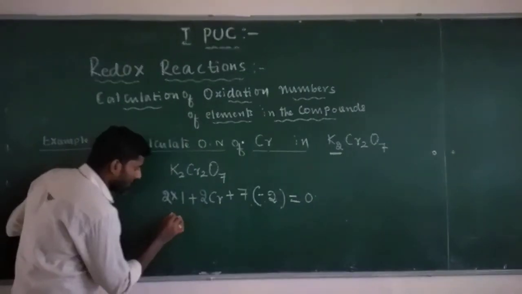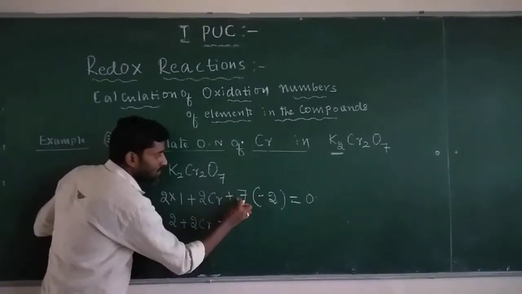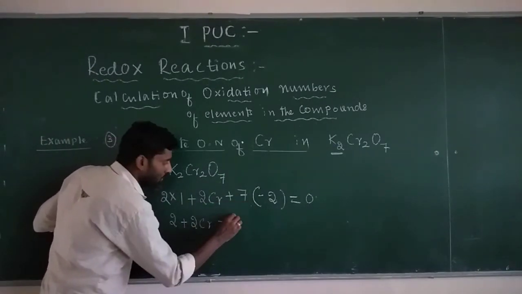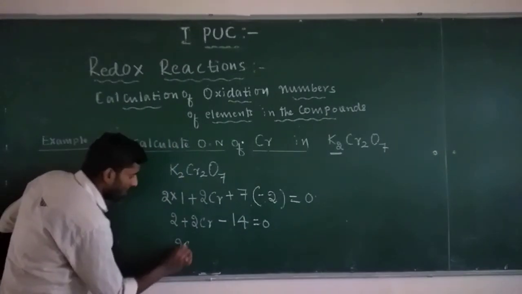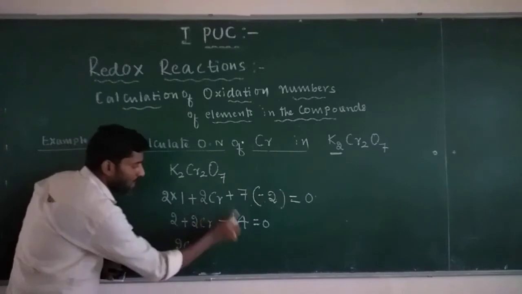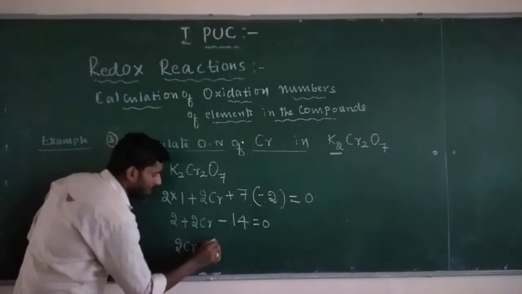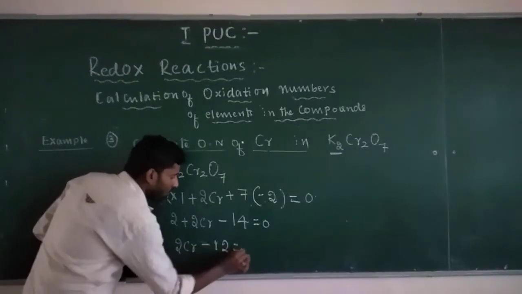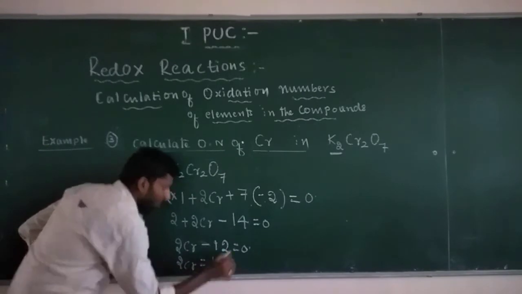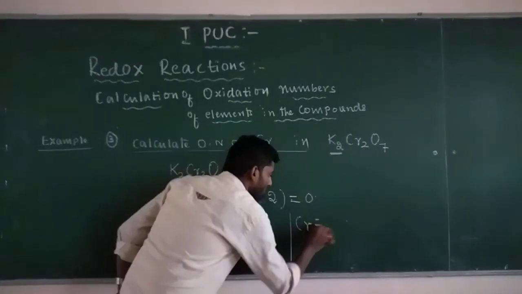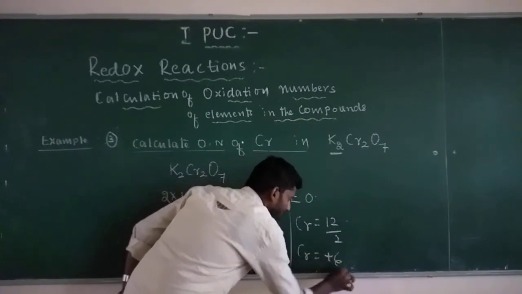Then simplify: 2 into 1 is 2, plus 2Cr minus 7 into 2 is 14, equals 0. 2Cr is equal to 14 minus 2, that is 2Cr minus 12 equals 0, or 2Cr is equal to 12, or Cr is equal to 12 by 2, that is equal to +6.